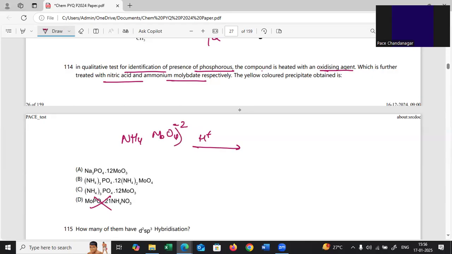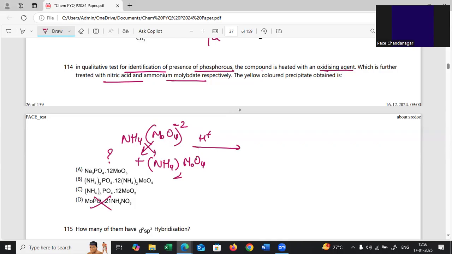So this is what is molybdate, and then this becomes NH4 twice, MoO4. So what should go with this? It has to be your phosphate ions. PO4 minus 3 should be there definitely.